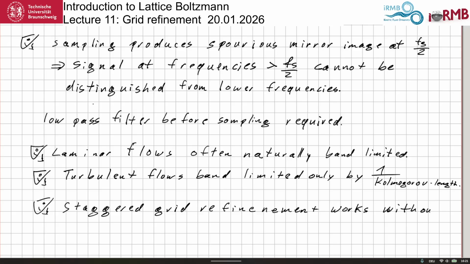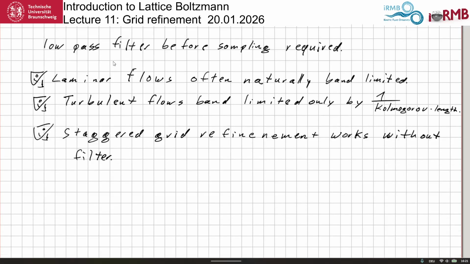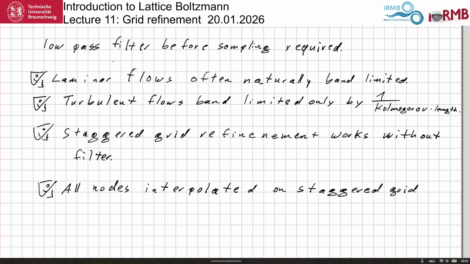So they work without a filter. Basically, what you have here is that all nodes need interpolation, so they're all naturally interpolated, because interpolation in itself is already a form of low-pass filter.